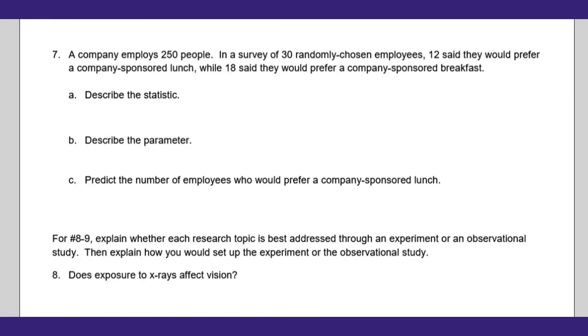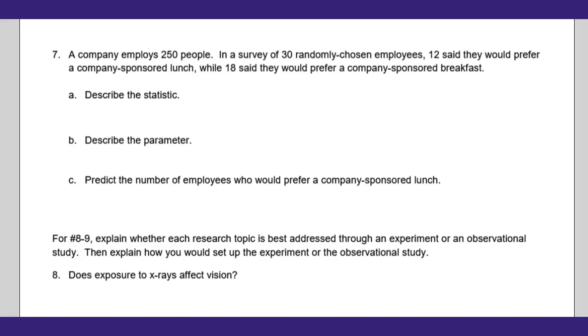Now, let's look at number 7. Number 7 says a company employs 250 people. In a survey of 30 randomly chosen employees, 12 said they would prefer a company-sponsored lunch, while 18 said they would prefer a company-sponsored breakfast. It says describe the statistic. Well, we have a couple of statistics going on.